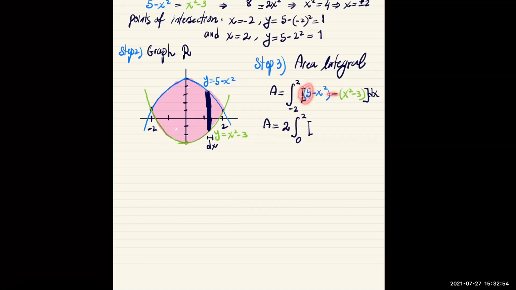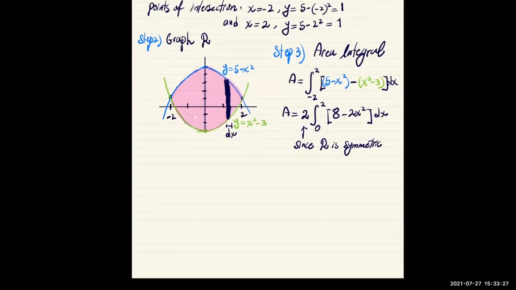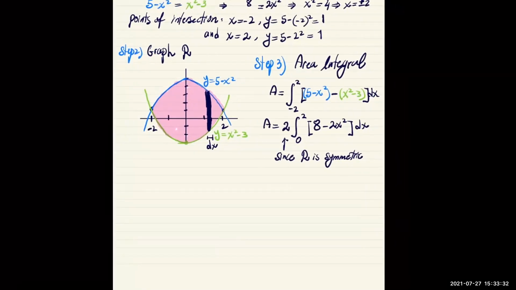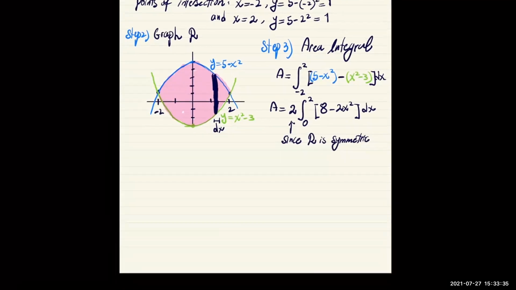And I have -x squared minus x squared, -2x squared. So again, I did two things: I took advantage of symmetry and I combined the integrand like that. This is since R is symmetric. If you don't do all that, it's fine. If you don't want to take advantage of symmetry, it's okay. The answer should still be the same.